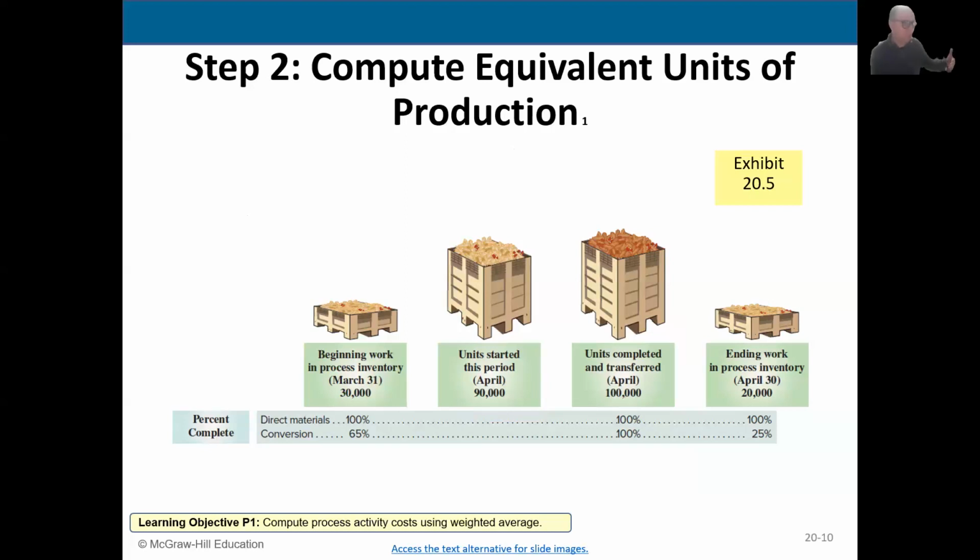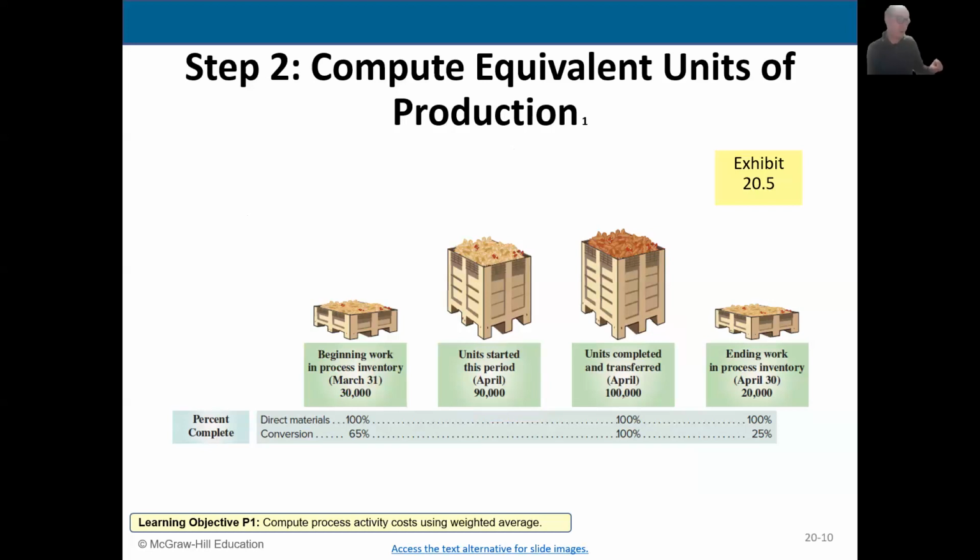That's what we call equivalent units of production. But the key words here are number of whole units that could have been started and completed given the costs incurred for the period. Could have been. Because it's not always going to be the case that what you start with is what you're going to end with.